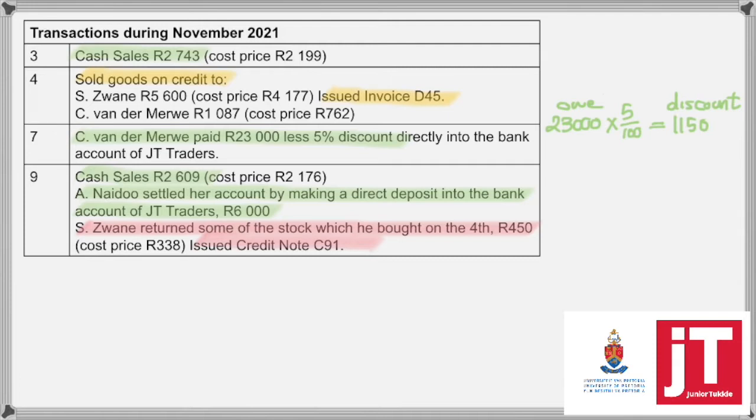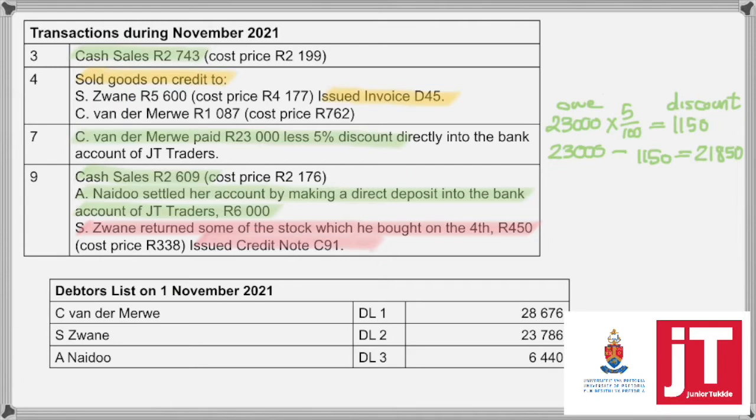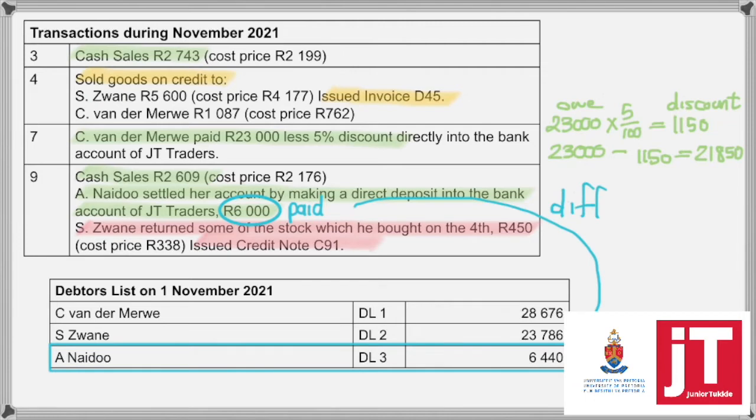So he would have paid 23,000 minus 1,150, which is 21,850. Then Naidu settled her account by making a direct deposit of 6,000 Rand. She paid 6,000 but owed 6,440. There's a difference, and that difference is your discount of 440 Rand.